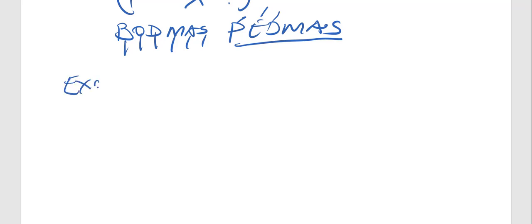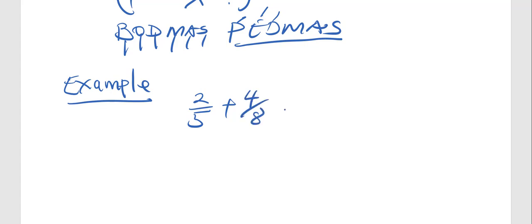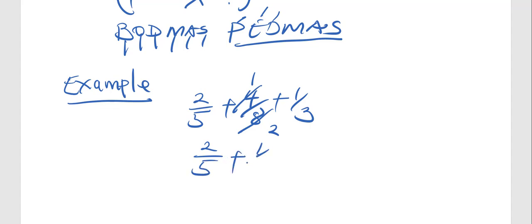Example 1. 2/5 plus 4/8 plus a third. So first of all, here you have to reduce 4/8, so you'll get that it is 2/5 plus half plus 1/3.